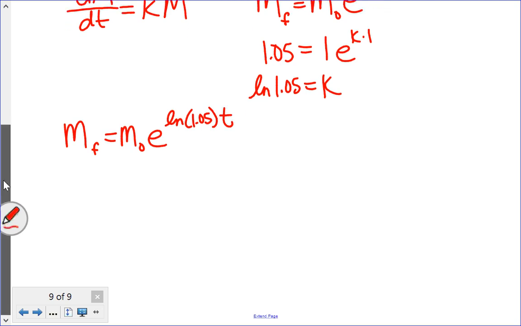So that's e to the ln of 1.05 times t. If I solve that, if I divide by 100, I'm going to get 10 equals e to the ln of 1.05 t.